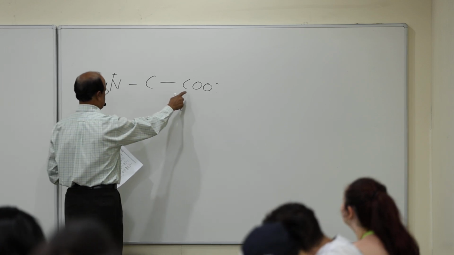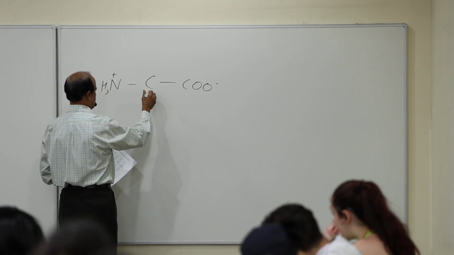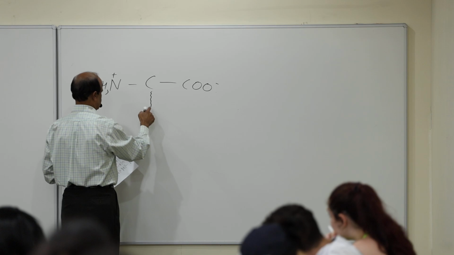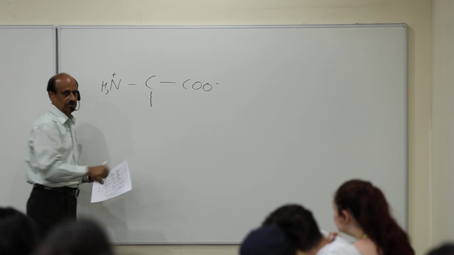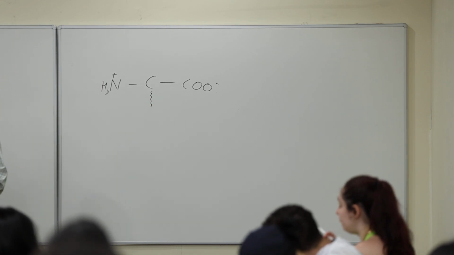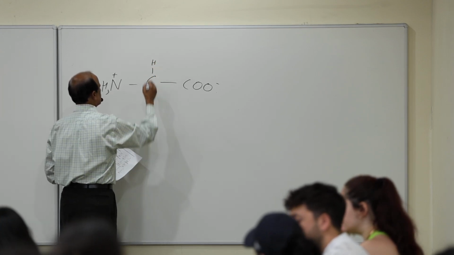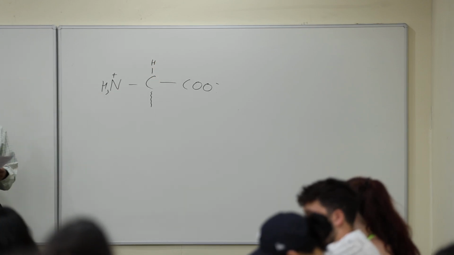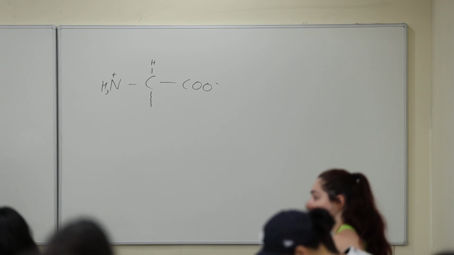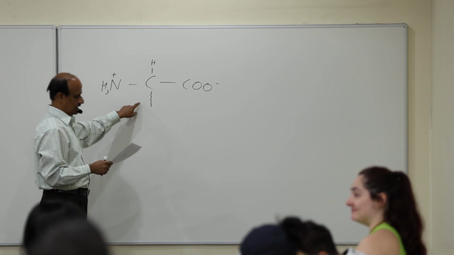So this is the carboxyl group, this is the alpha carbon, and if you have more carbons here, that will be the beta carbon, gamma carbon, like that. So for glycine, this is a hydrogen.